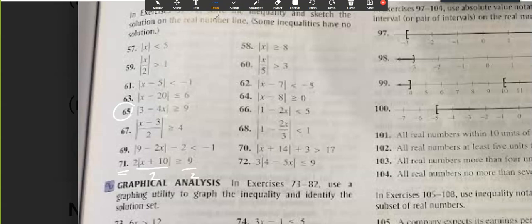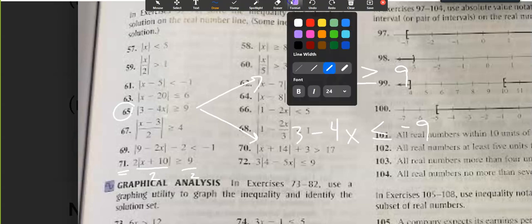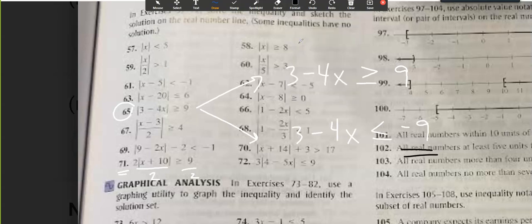But if the absolute value bars are by themselves, then we're going to split this into 2 different inequalities. One of them is going to look exactly like the original one. The other one flips the sign because the right side is negative. So because that right side is a negative, that changes the sign.